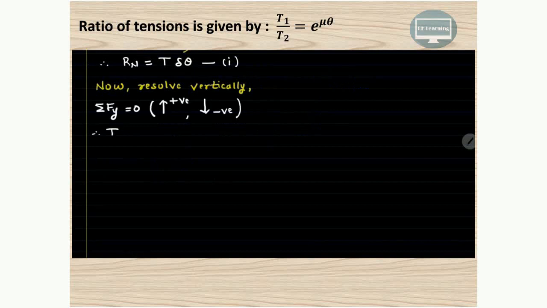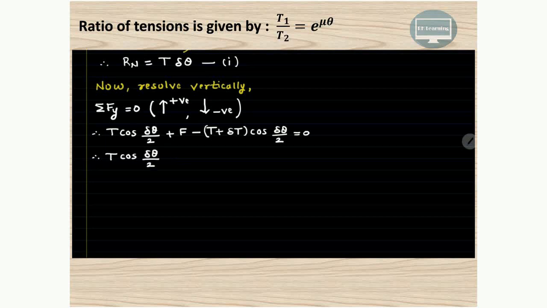Now resolve vertically. Upward forces are considered positive and downward forces are negative. So T cos delta theta by 2 is positive. F, which is equal to mu Rn, is also positive, whereas T plus delta T cos delta theta by 2 is negative. So minus T cos delta theta by 2 minus delta T cos delta theta by 2.